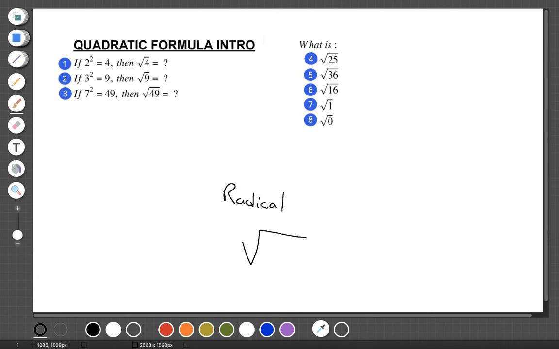And radicals function all kinds of different ways, but essentially, the other name for it is a square root. And what it really does is, very simply, it is the opposite of squaring something.